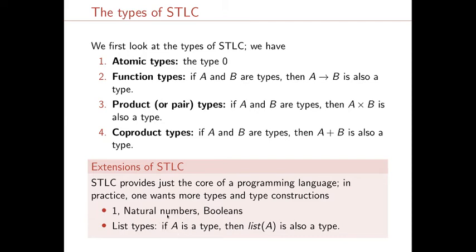For instance, if A is a type, then list of A is also a type. For the purpose of this present discussion of simply typed lambda calculus, we will only discuss these four type constructions: the atomic types, the function types, product types, and coproduct types.